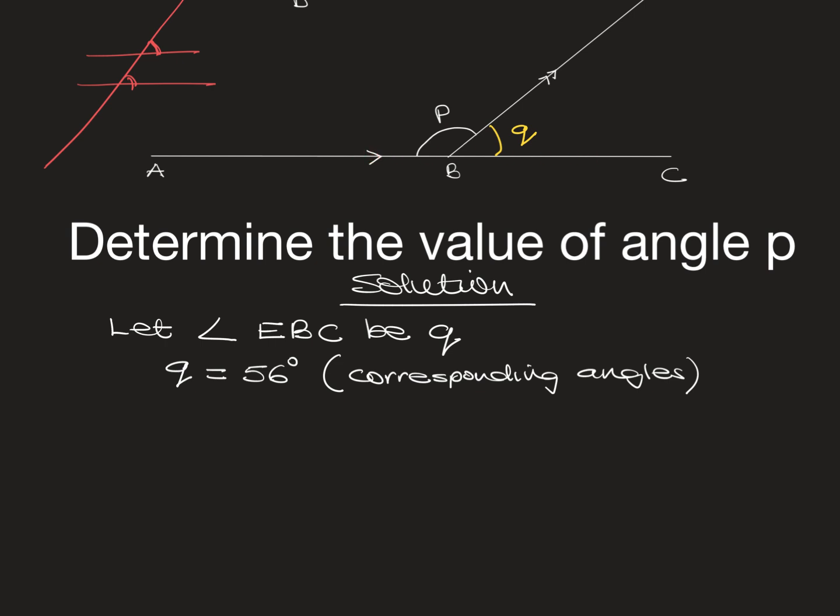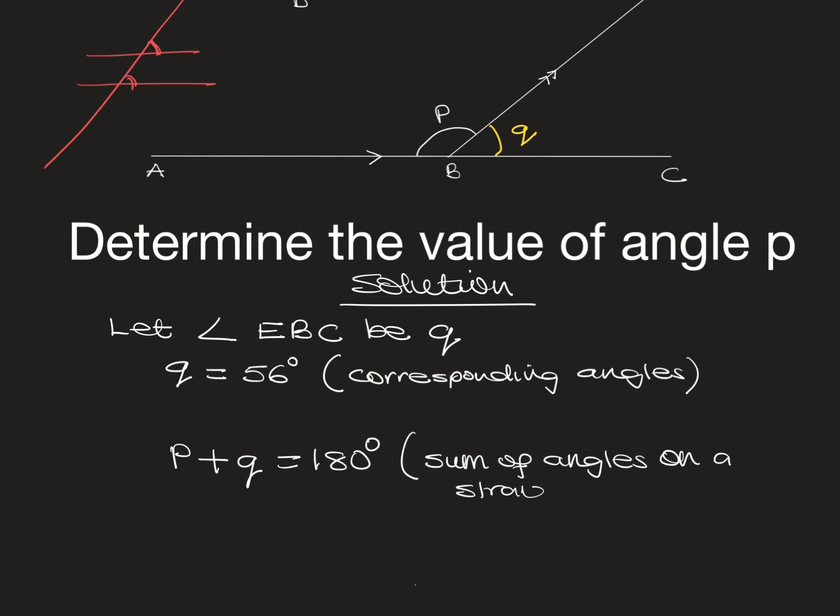Okay, so what is the relationship between P and Q? P plus Q is equal to 180 degrees because of the theorem that states that the sum of angles on a straight line will add up to 180 degrees.